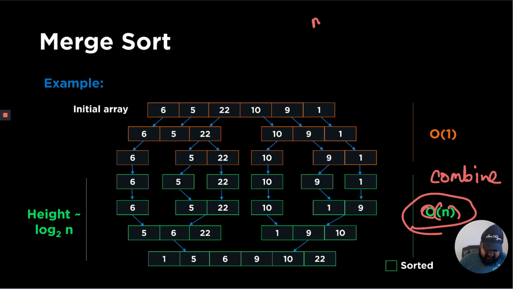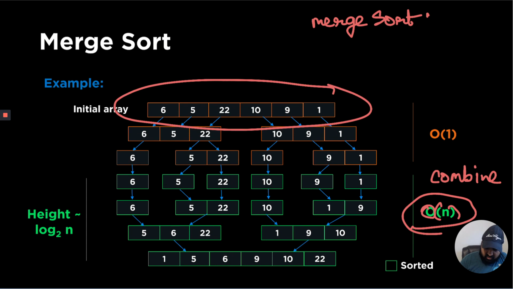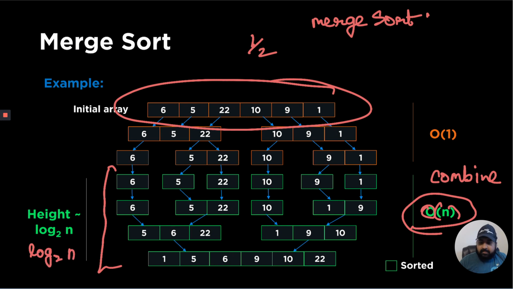If we repeatedly call merge sort, we are dividing our initial problem into halves at every step. That's why the total height of this entire recursive tree is going to be at most log 2n.